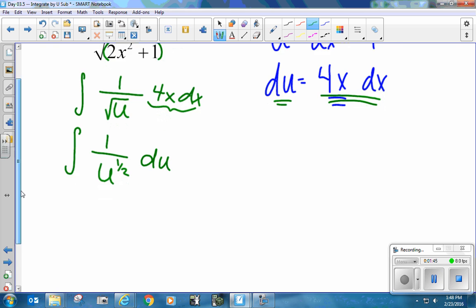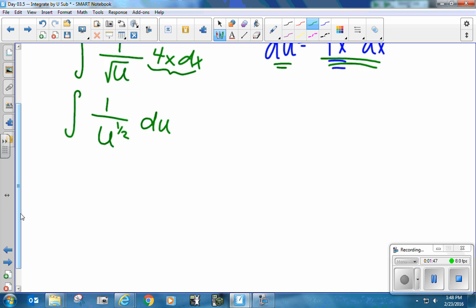I'll even take it a step further. What else am I going to do? I'm going to flip it, because it will be easier. So the integration of u to the negative 1/2 du. So, what do we got?